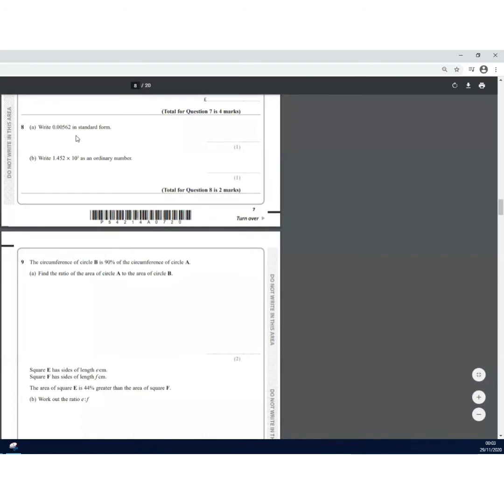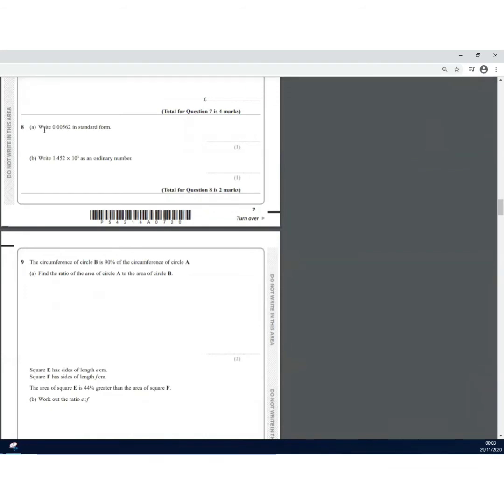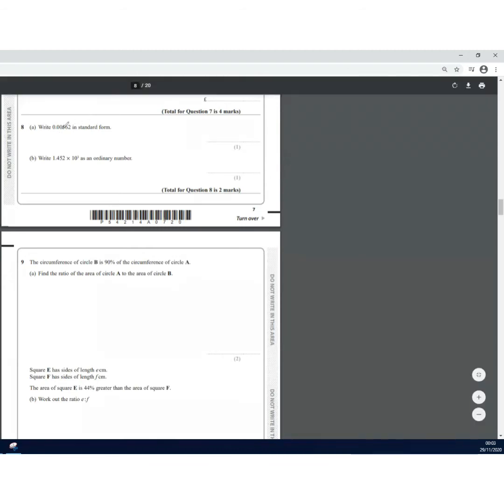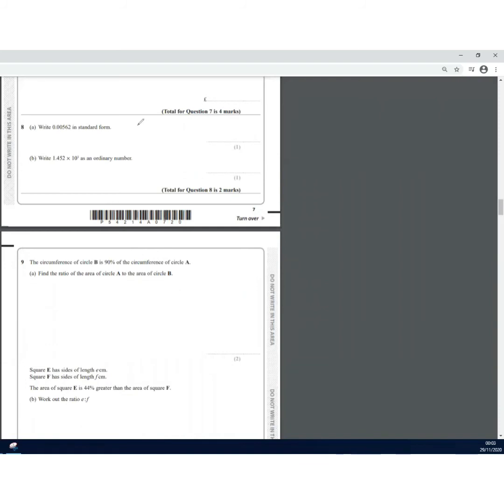In question number 8, we're asked to write that ordinary number in standard form. So I'll simply need to shift the decimal after the first non-zero number. So if I just put the question here, I'm going to be moving this decimal point from here to 1, 2, 3 places to the right.